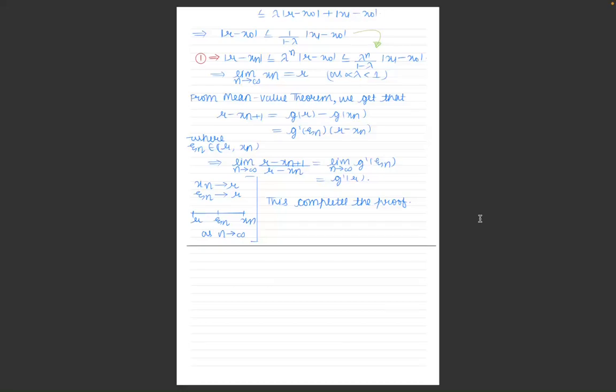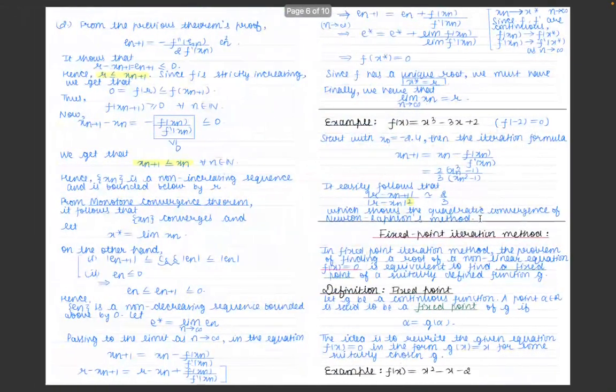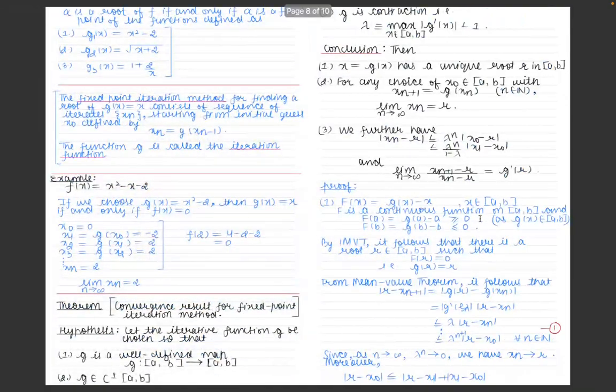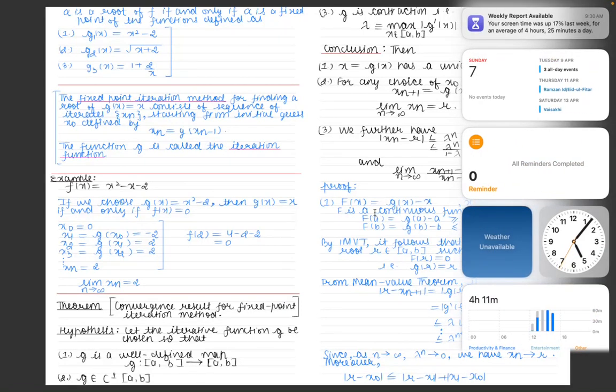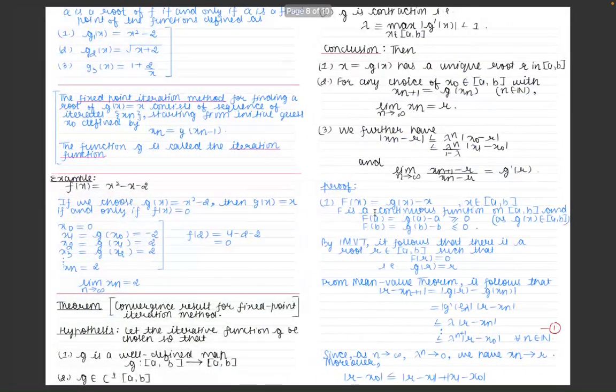One rough idea is because this iterative sequence converges to r, and it will be true for any other root also, and since the limit is unique, so this r will be unique also. You just use the continuity. Okay.